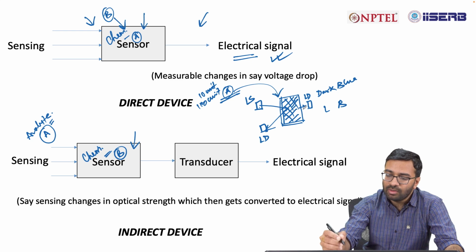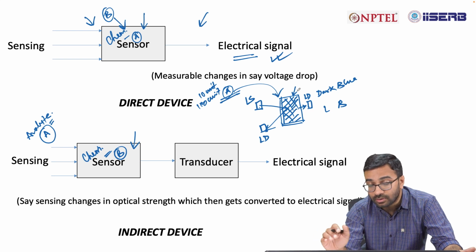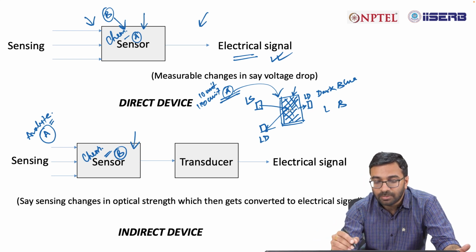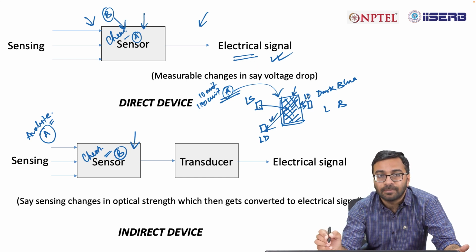Now if the color of this strip is changing due to the concentration, due to the reaction between the active material and the analyte, then that color change will also influence the reflected optical signal or transmitted optical signal.